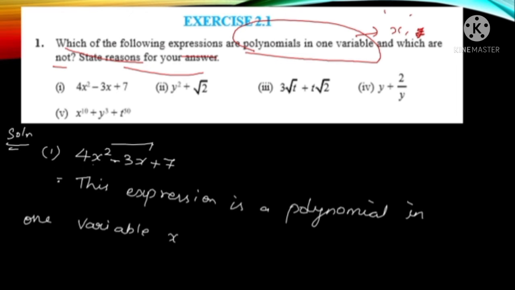So only one variable is presented, so this is a polynomial in variable x.